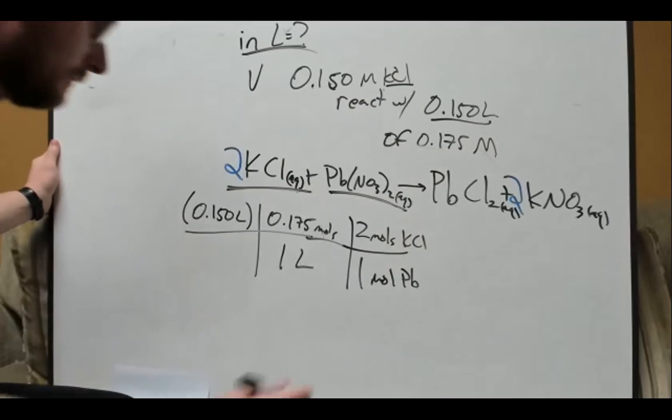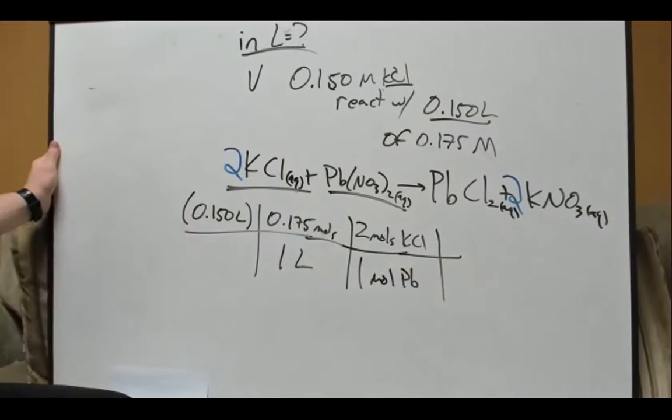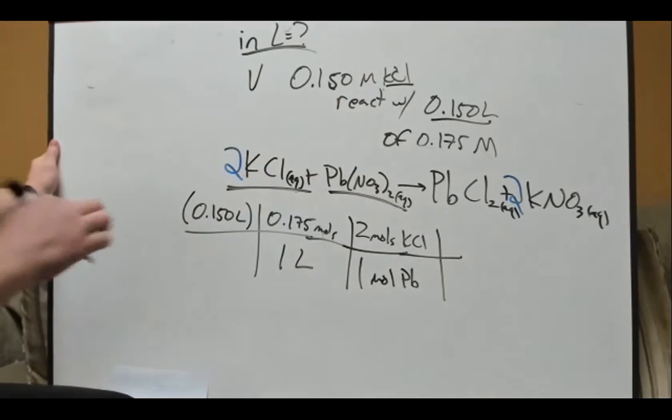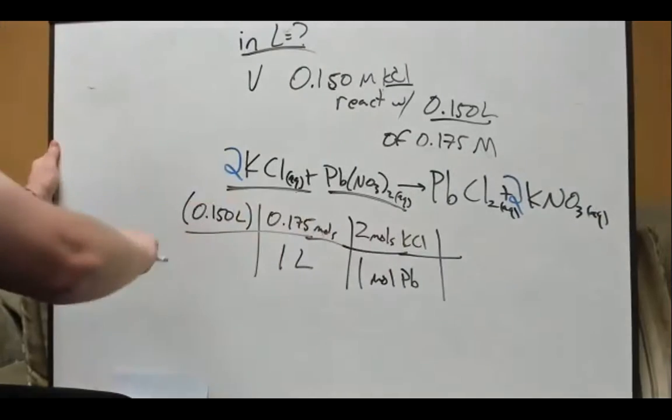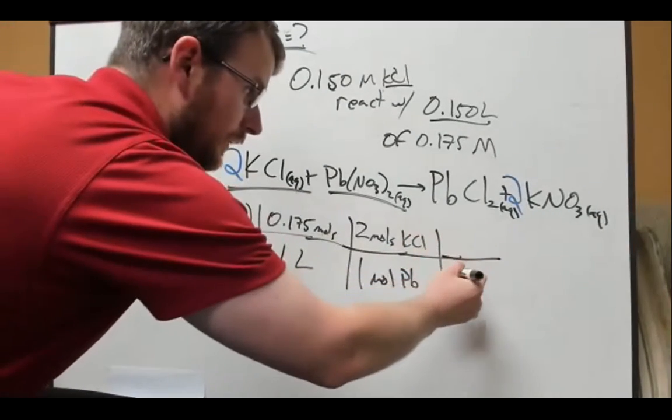And so then what we can do, we know we have 2 moles of KCl. Well, we know we have a molarity right here. So if we're going from liters to moles, using molarity, we multiply. If we're going from moles to liters, we divide.